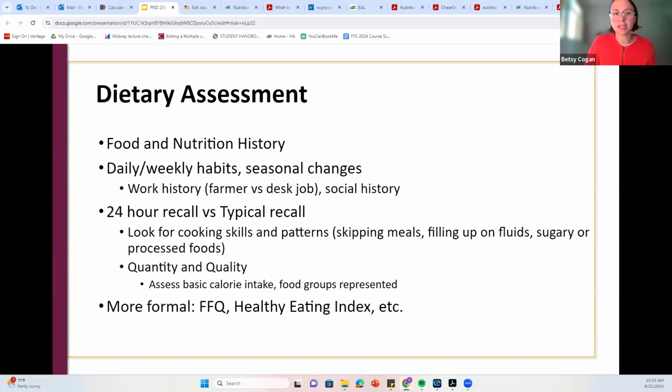We can also get dietary data from a chart. So nursing might record they ate this meal and they ate 50% of their plate. So that dietary data is also really good and important, right? We want to be asking about their nutrition history. Have they started dieting?